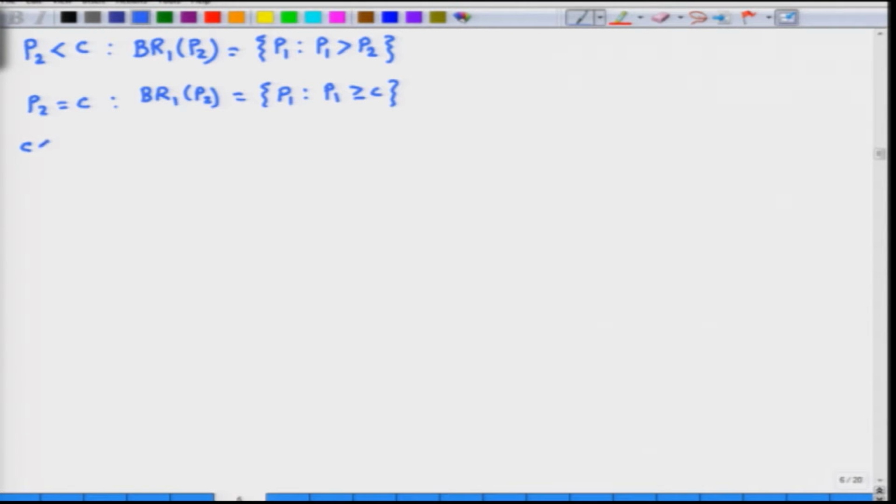When firm 2 chooses a price which is between C and, let us say, the monopoly price. Notice here prices are real numbers, right. So, what is firm 1's best response? Well, let me just think about this here. So, let us say we have C and let us say this is some PM, the monopoly price, and let us say firm 2 is somewhere here and is choosing a price P2.